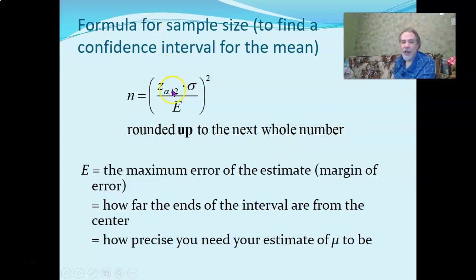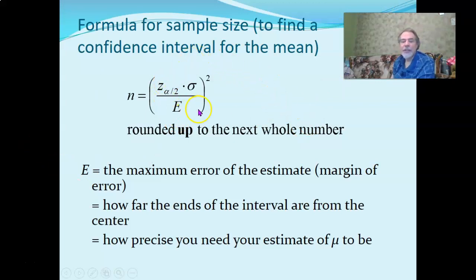In this formula, the z sub alpha over 2 and the sigma stand for the same thing they've been standing for, and the E stands for the maximum error of the estimate, the margin of error. That's how precise you need your estimate to be. Do you need to be within a certain degree of accuracy? That number is what you put in for E.